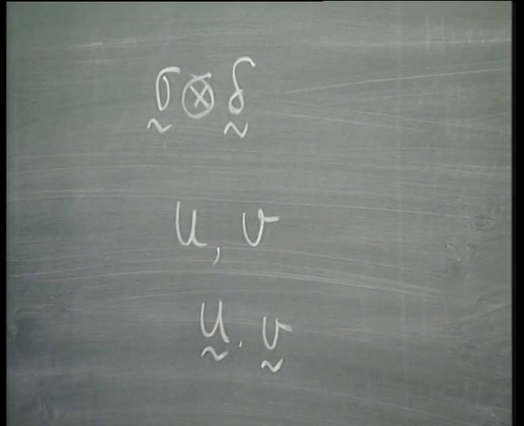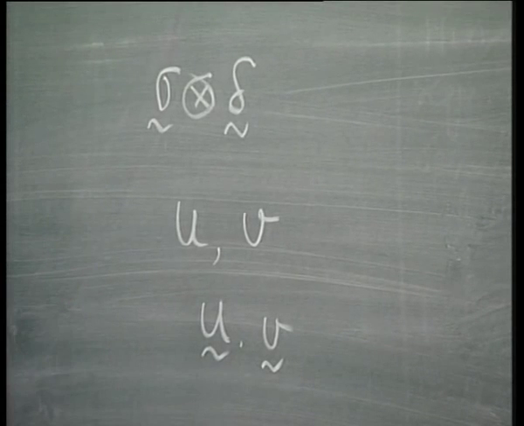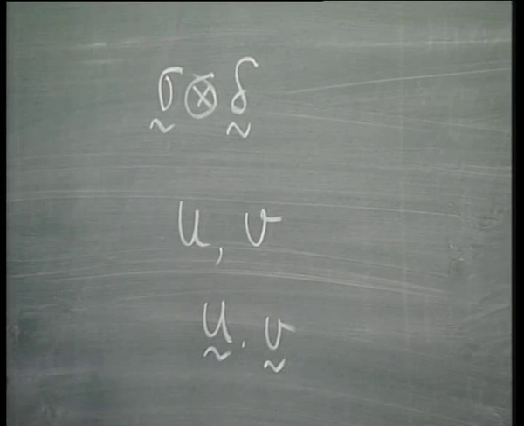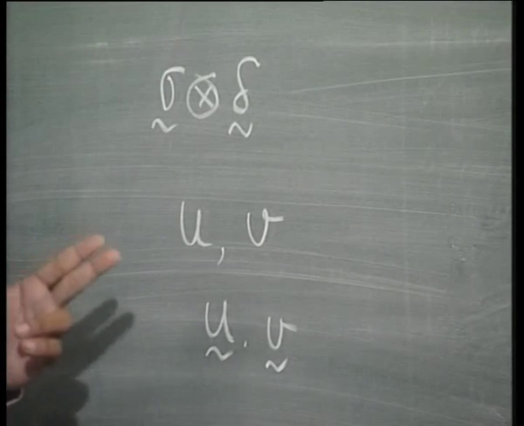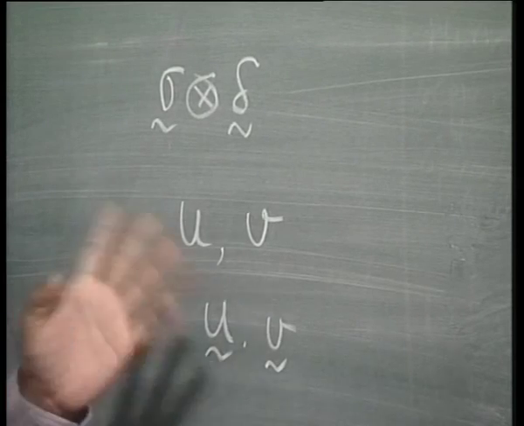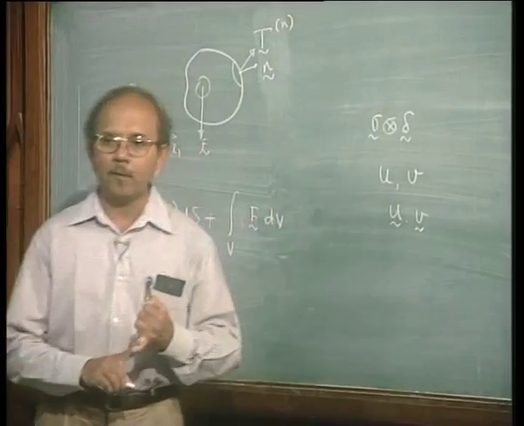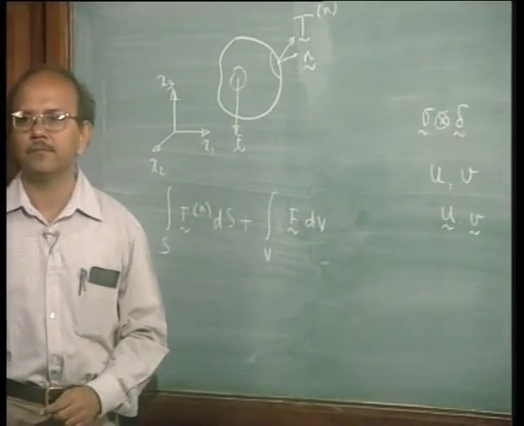And what is the result of this? Scalar. Actually it is u1 v1 plus u2 v2 plus u3 v3. And how do I express this in index notation? ui vi. So one operation with two vectors gives me a scalar.